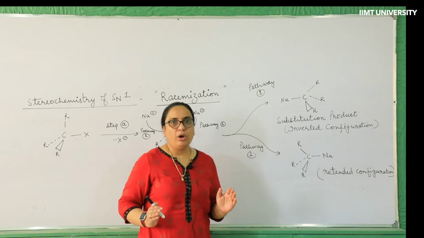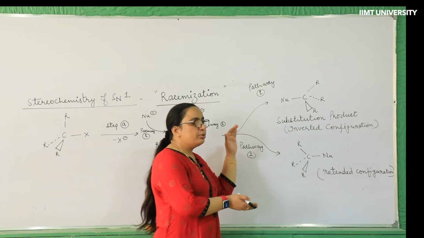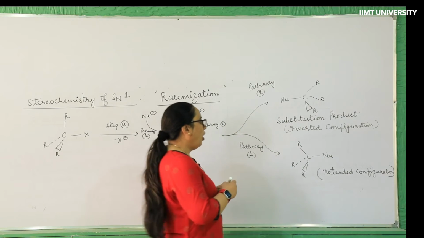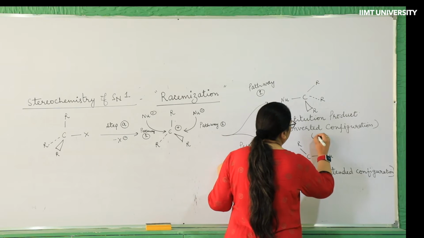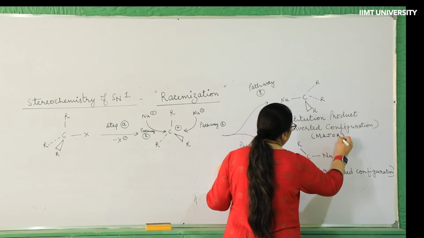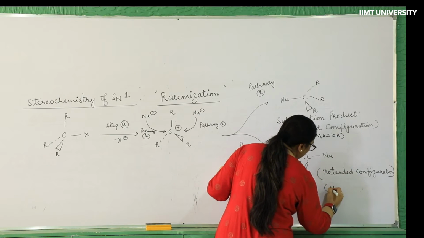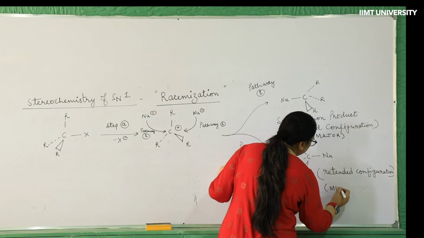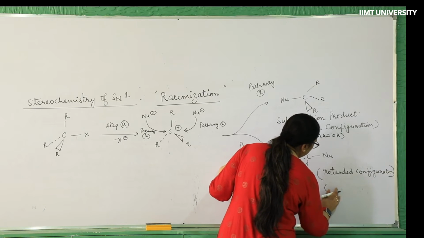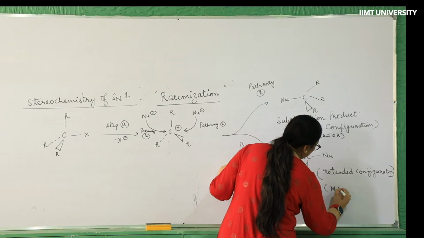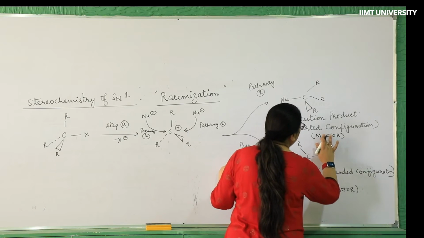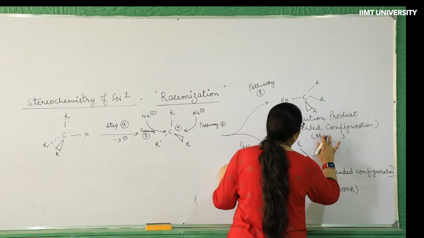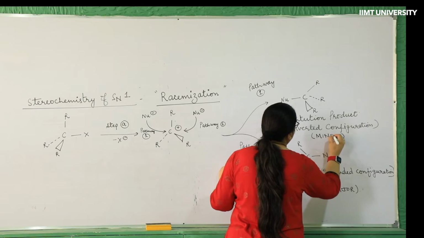And it has been observed that both the types of the products are formed, out of which the product with retained configuration is the major product, and the product with inverted configuration is the minor product.